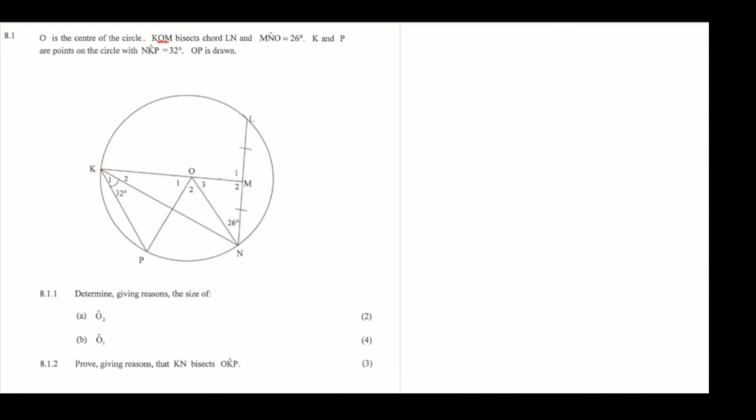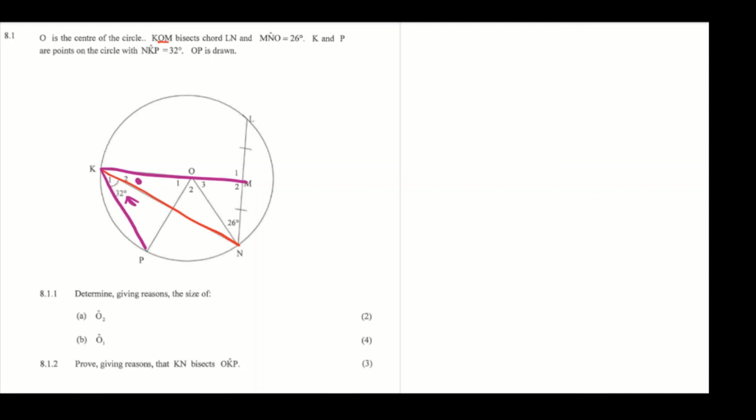We are told that this line here, which I'm just going to indicate in red, bisects this angle here that is between these purple lines. So how do we prove that it actually does bisect? You see here it's 32 degrees, which means we have to also find 32 degrees here.